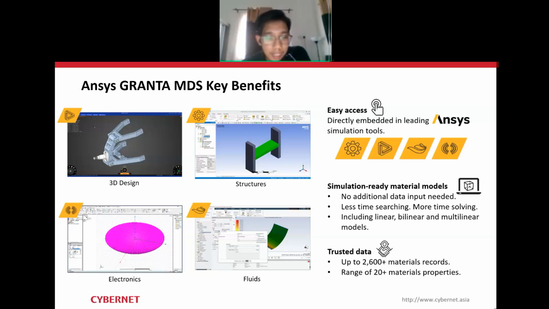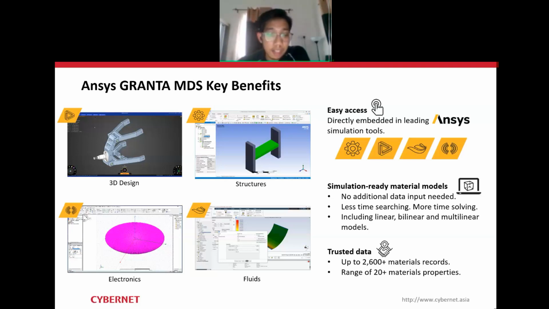Secondly, the material data in the Granta library is already in a simulation-ready format. Therefore, engineers save time from having to search and check for material data from a variety of sources, which slows down the simulation process.